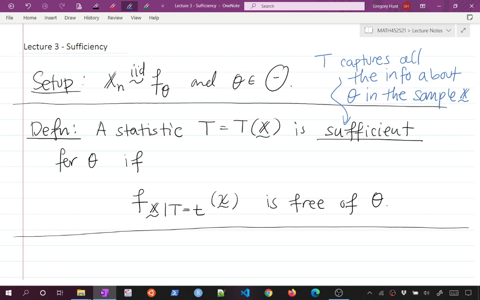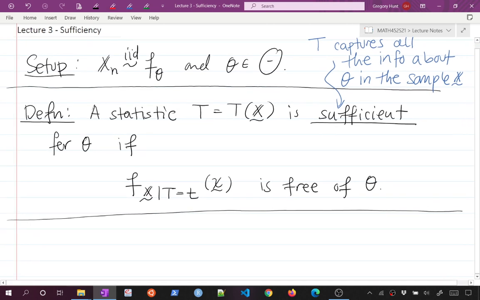The mathematical definition is that if we condition on the statistic, there is no more information in that conditional distribution about theta. So what this is saying is that, conditional on knowing that my statistic is some particular value, T, and here I'm being lazy, I'm not saying T of x, but T is a random variable.